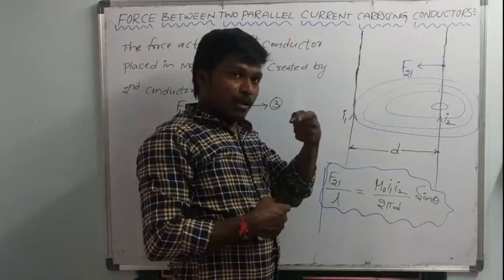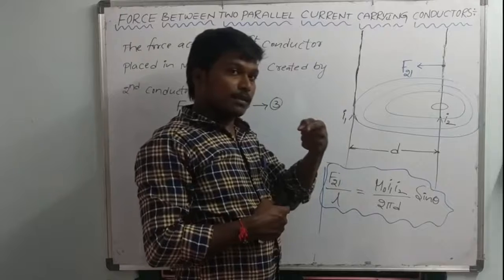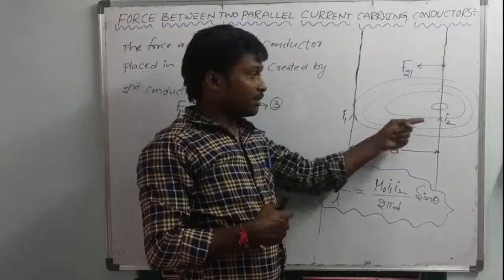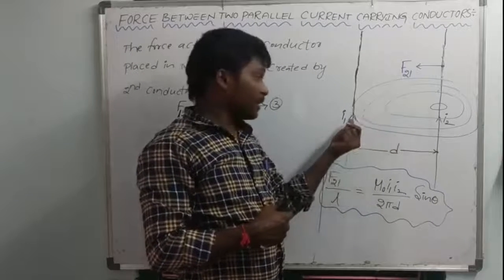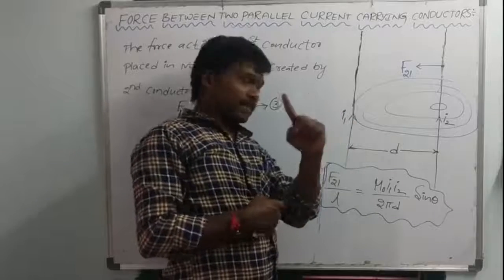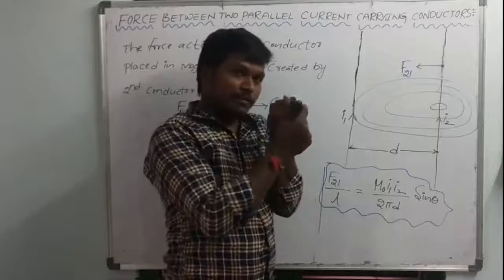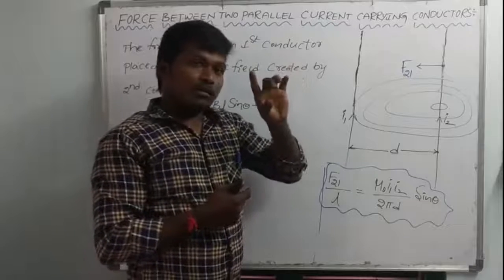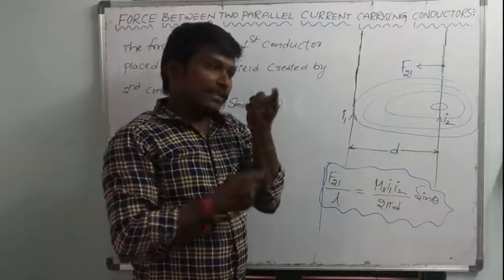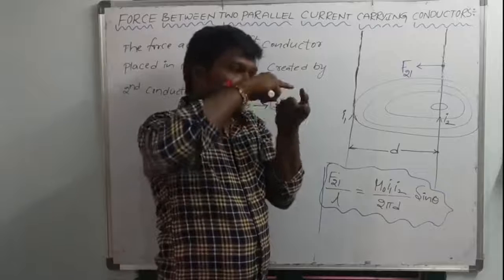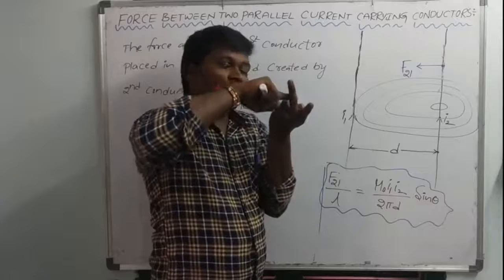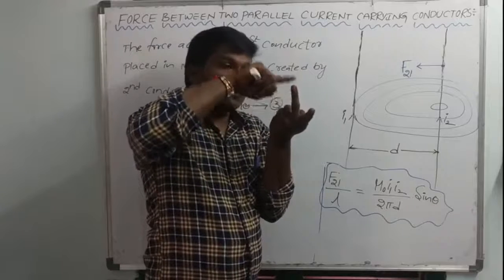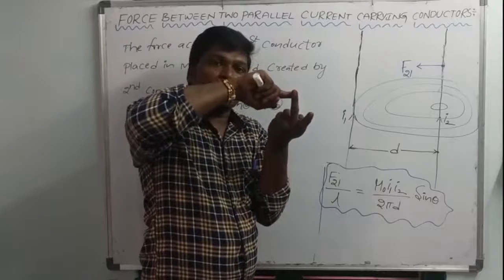And what is the current direction here? Top. The magnetic field direction is outside. So using Fleming's left hand rule, the forefinger will indicate the direction of the magnetic field, and the middle finger will indicate the direction of current.